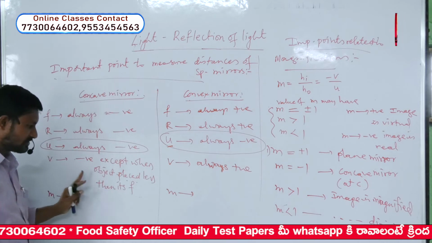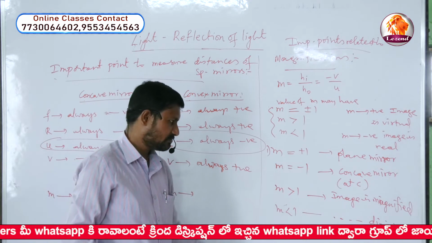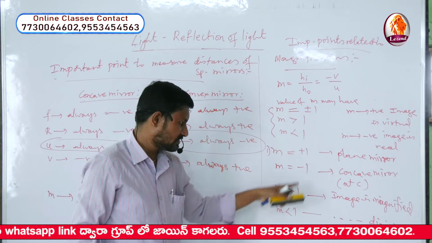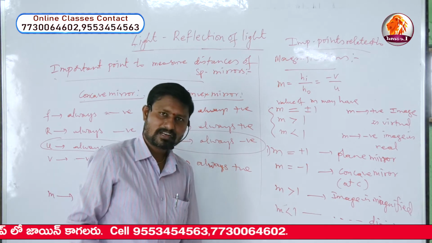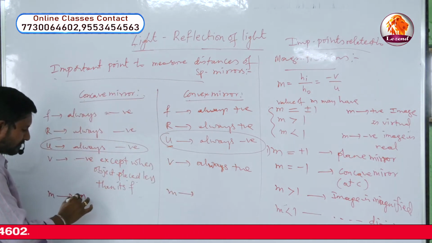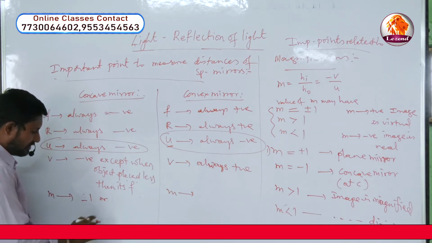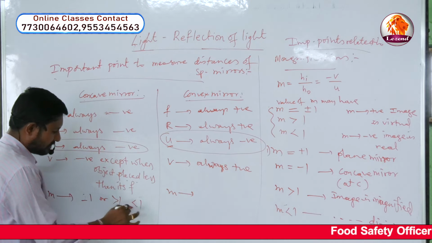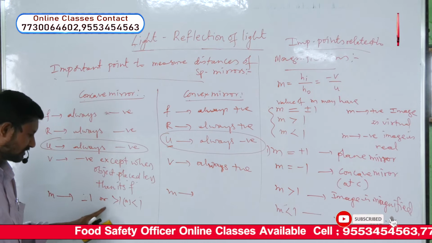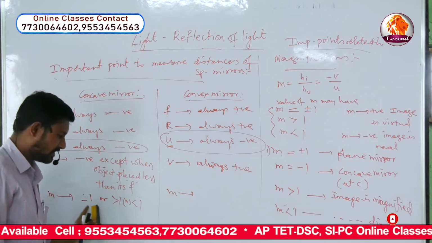So here it may be m value is minus 1 at C, sometimes plus 1, sometimes less than 1 also. So you may get m value as minus 1, greater than 1 or less than 1. Is it clear? Depending upon the position.